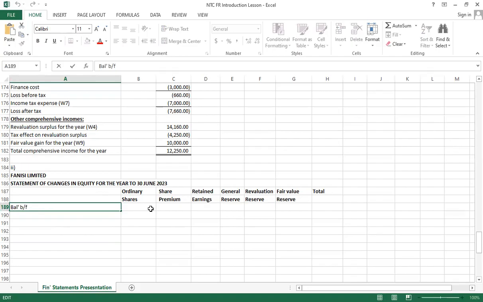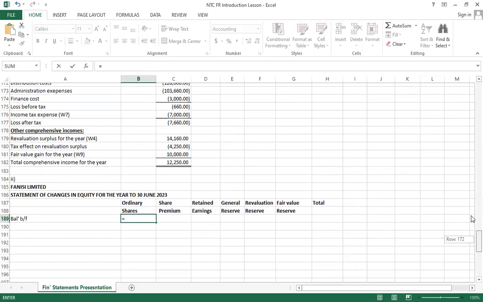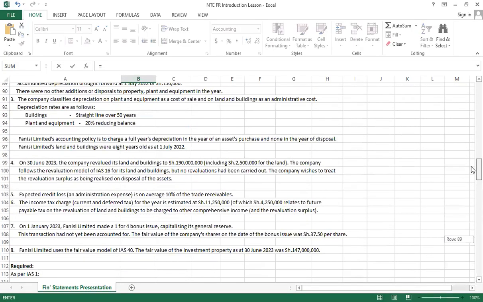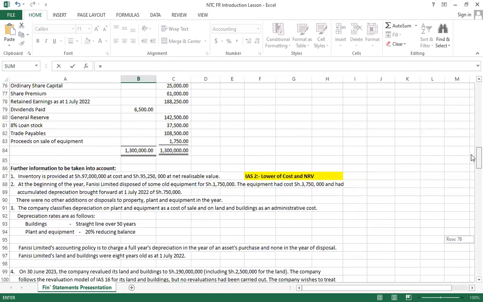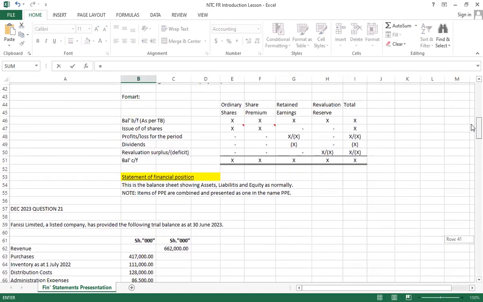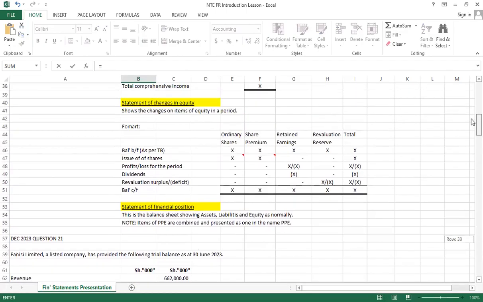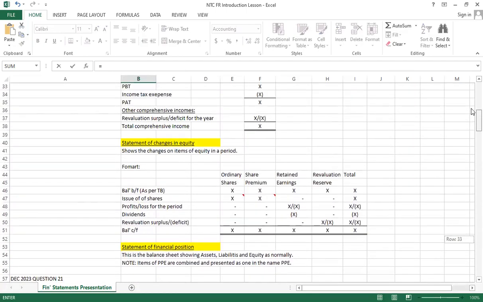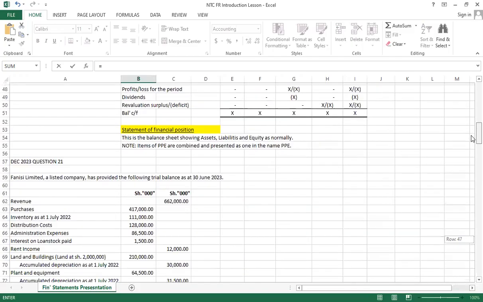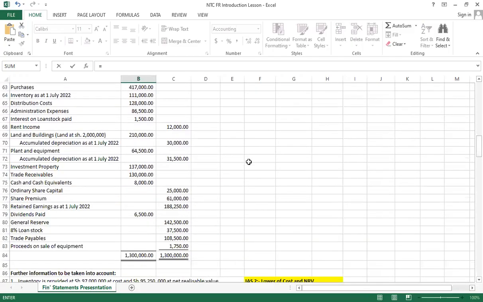Like now for the ordinary shares, we have an amount of how much? The ordinary shares, we have 25,000.